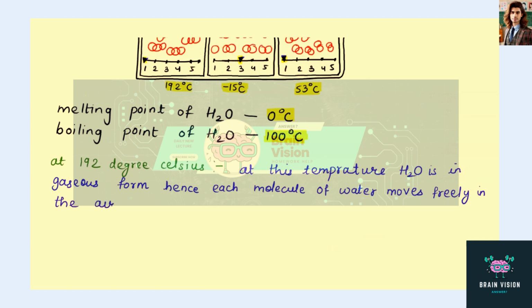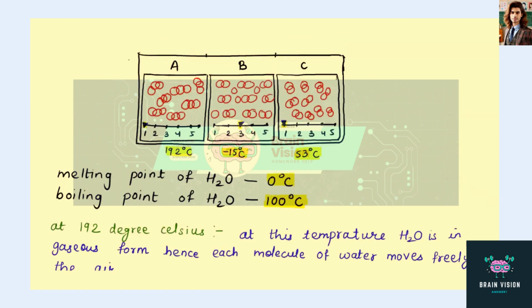Here, in beaker A, the water molecules are moving freely in the air. Why? Because these molecules are in the gaseous form at 192 degrees Celsius.